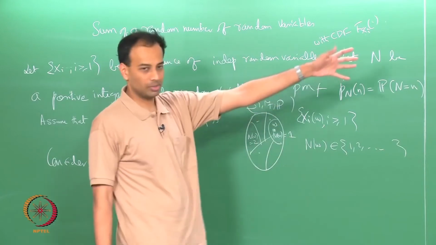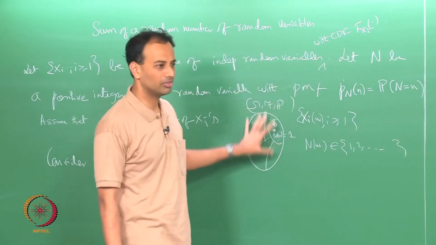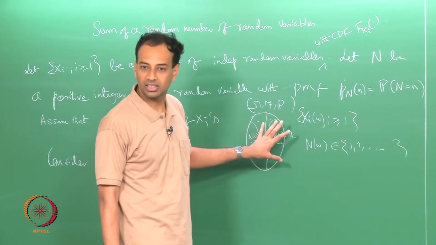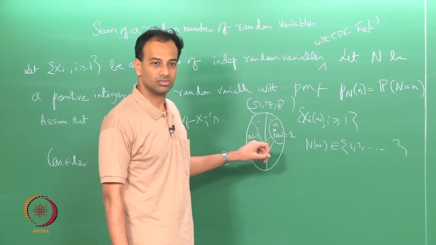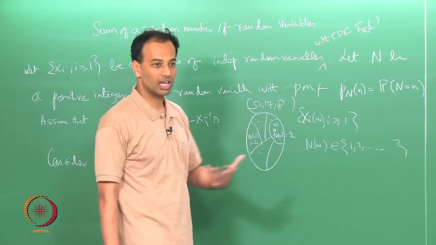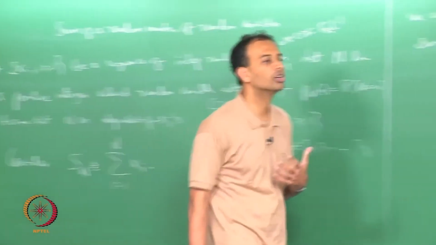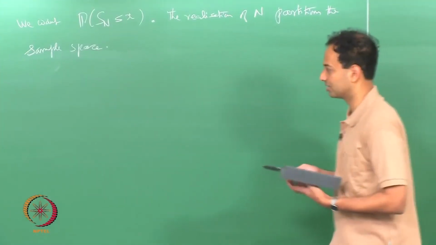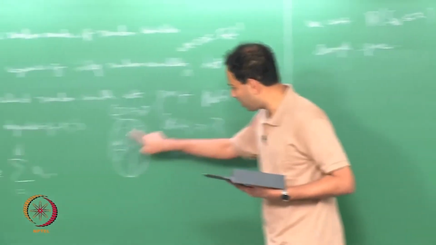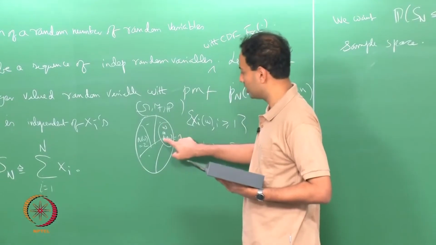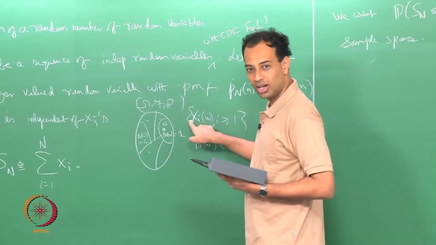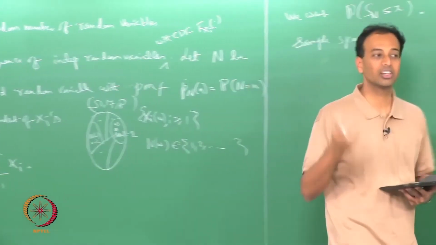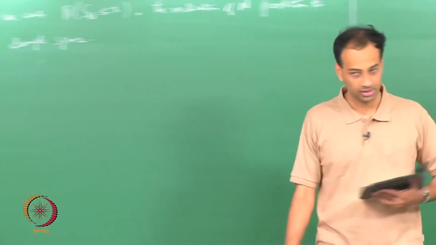If it takes infinitely many values, it will have a countable infinity of these partitions, correct. Once I have a partition of the sample space, I can invoke the law of total probability, right, that is why I am looking at this. So, is this picture clear? All these omegas here will correspond to N of omega equal to 1, and the Xi's of omega will be whatever, we do not know, right. I am just looking at the partition induced by N. Okay.